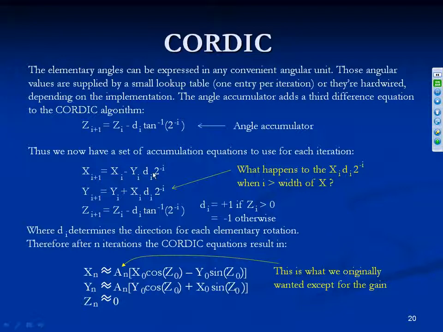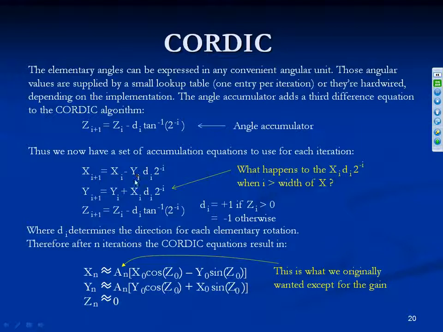It's 0. In other words, during our iteration, if our number of iterations is greater than the width of our variables x and y, these terms are just going to be 0, so it doesn't do us any good to do more iterations than the width of the variables. Is that clear?